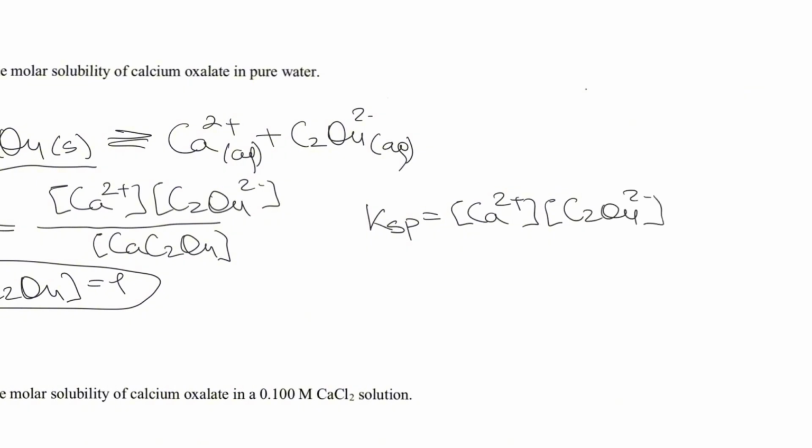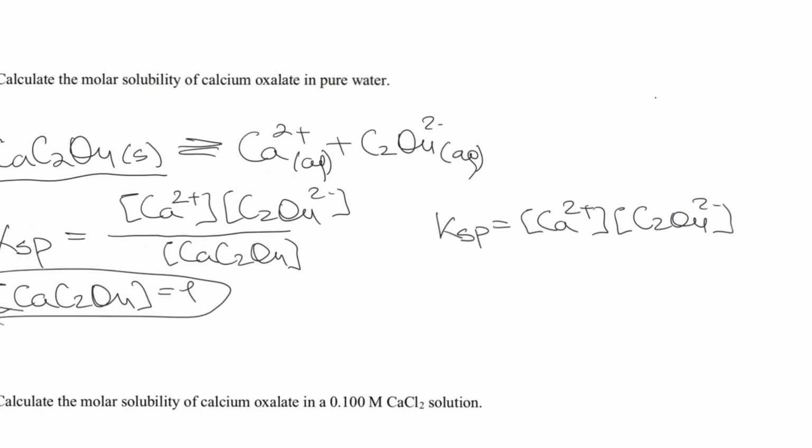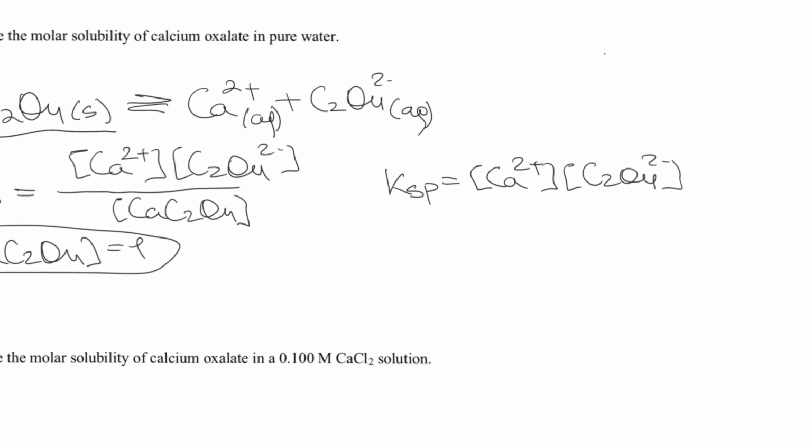Therefore, calcium oxalate doesn't appear in the Ksp expression. The solubility product expression depends only on the ions in solution. Now let's define the molar solubility. Let, for example, X be the molar solubility of calcium oxalate.